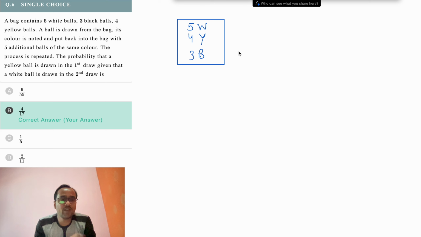So basically, we are drawing the first ball from the bag, then we are drawing the second ball. Suppose we draw the first ball and a white ball occurs. Then we will put it back and we will put 5 additional balls of the same color in the bag. This thing is being done. Okay, so here let me assume some events. Let's say event 1 represents white ball drawn in first draw.